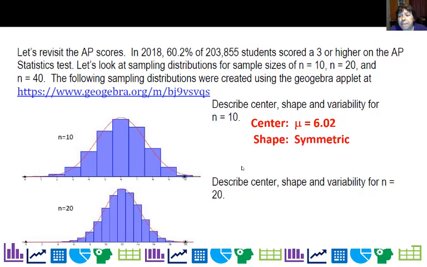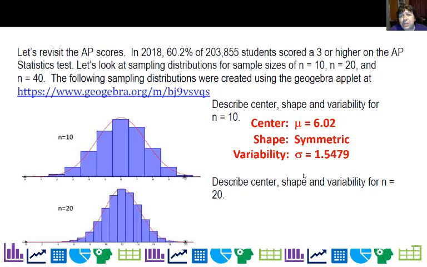Then the shape, it's very symmetric, looking a little bit, not quite like a normal distribution because you can see some gaps here, but it's close. And then the variability, well, we can just calculate that either using square root of npq or using the binomial distribution. They both work, and I get 1.5479.